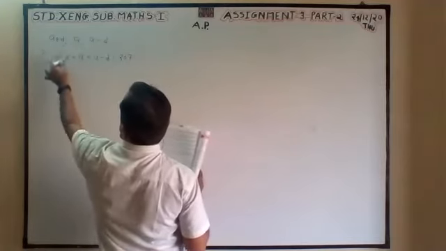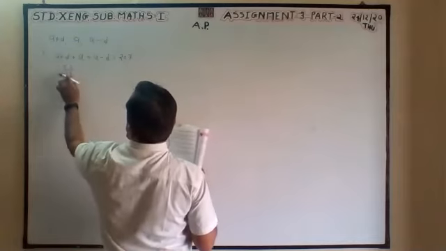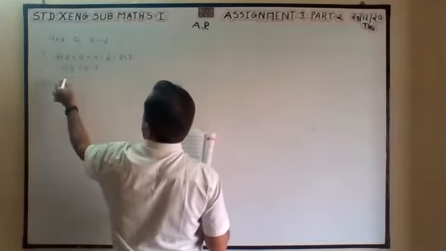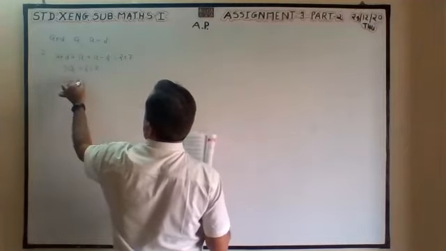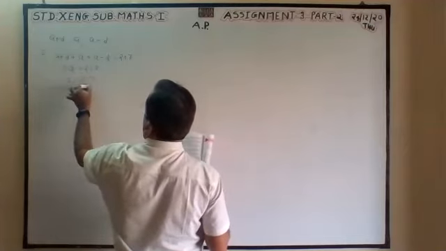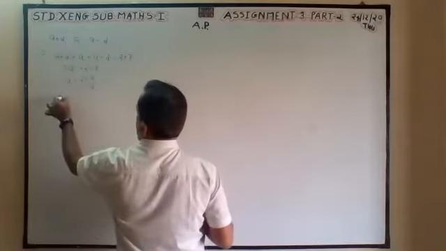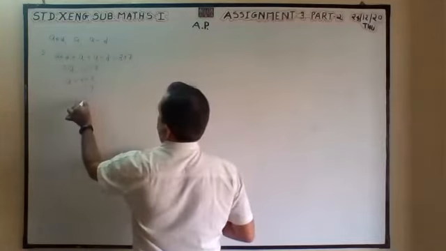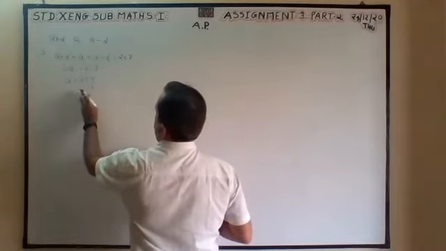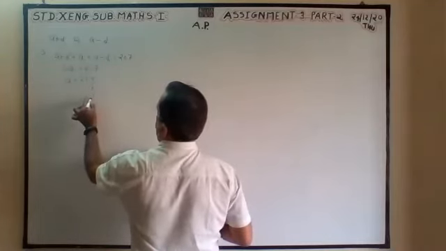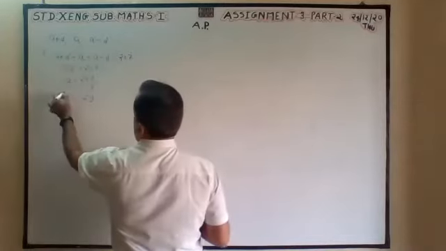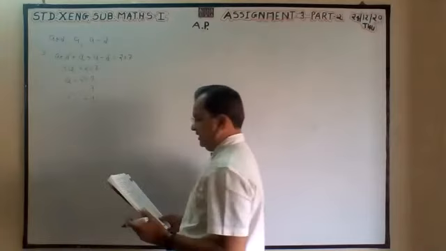So D will cancel, 3A equals 207. So A is equal to 207 divided by 3, which is 69.